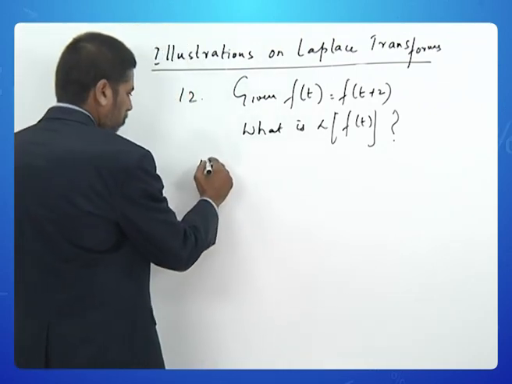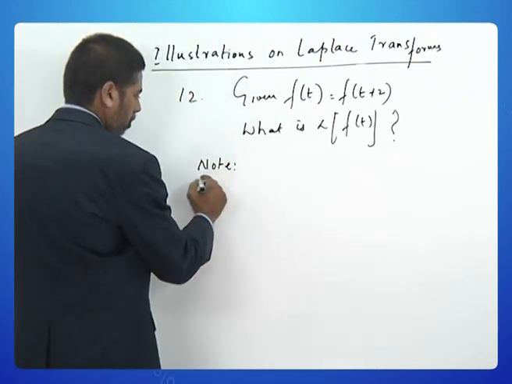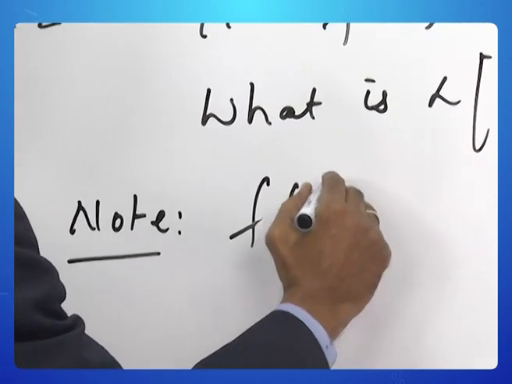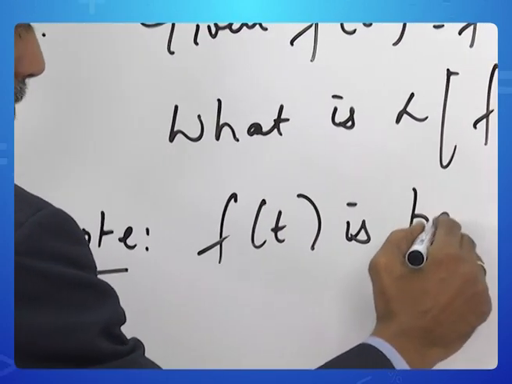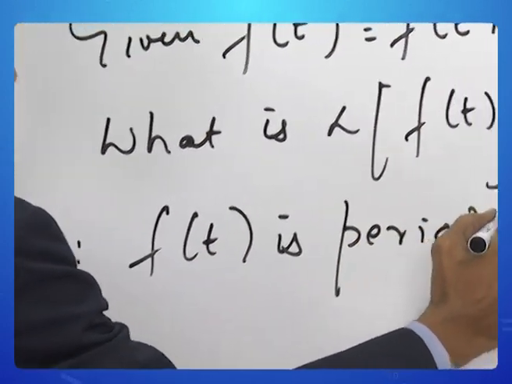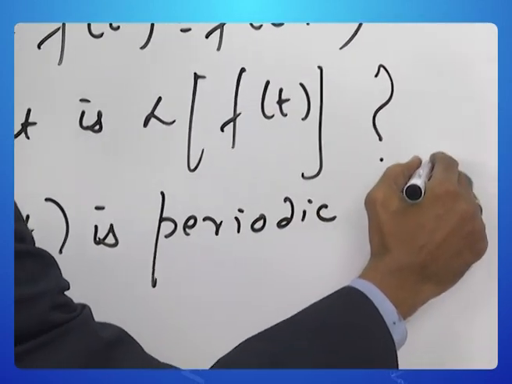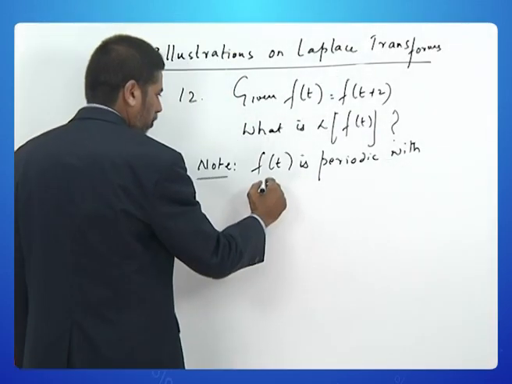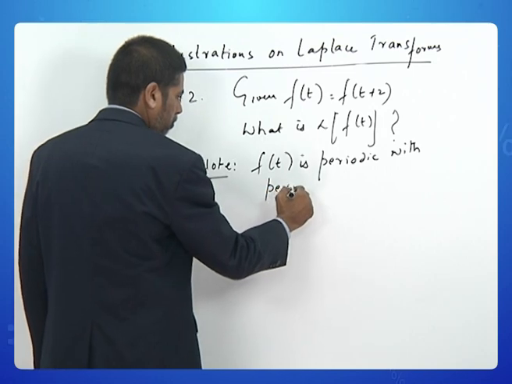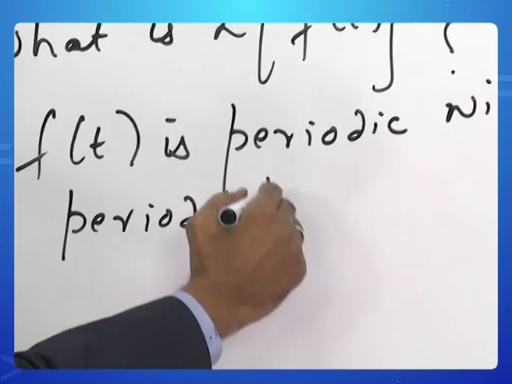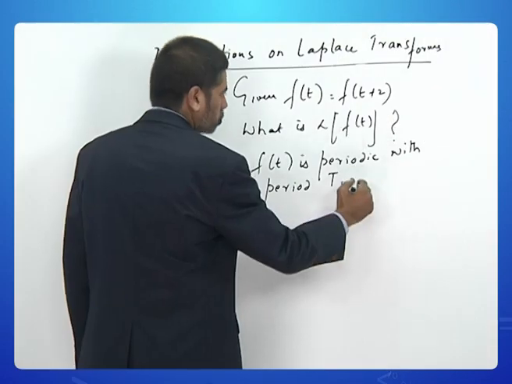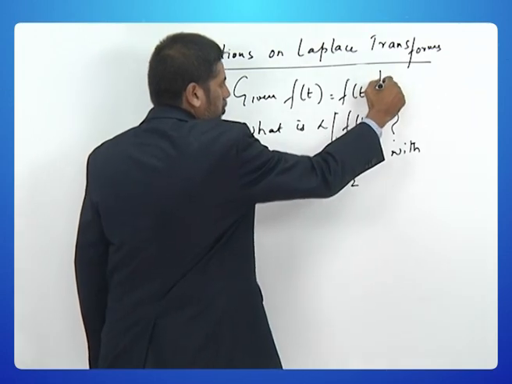So, note f of t is periodic with period capital T is equal to 2. So, this is the period.